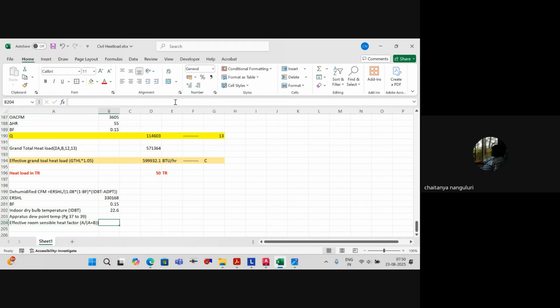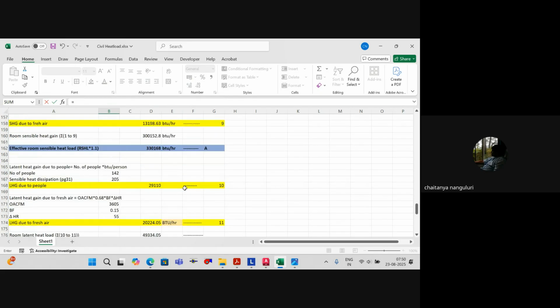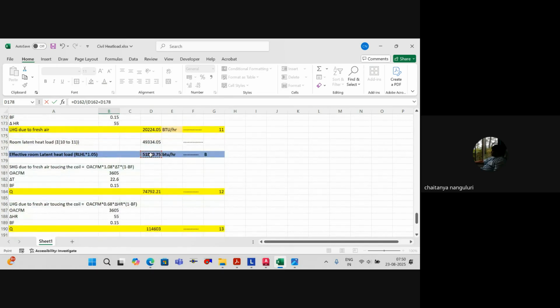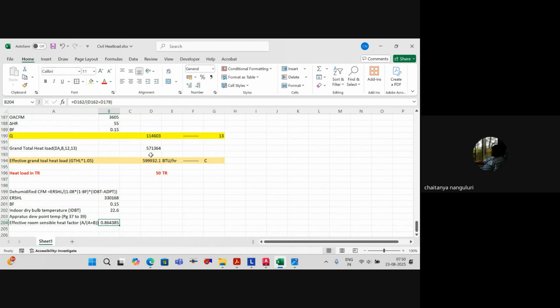Guys, able to follow? Yes. So it is equation A divided by equation A plus B. That means 0.86. That means in the total heat, almost 86% is sensible heat, and the remaining percentage is latent heat.